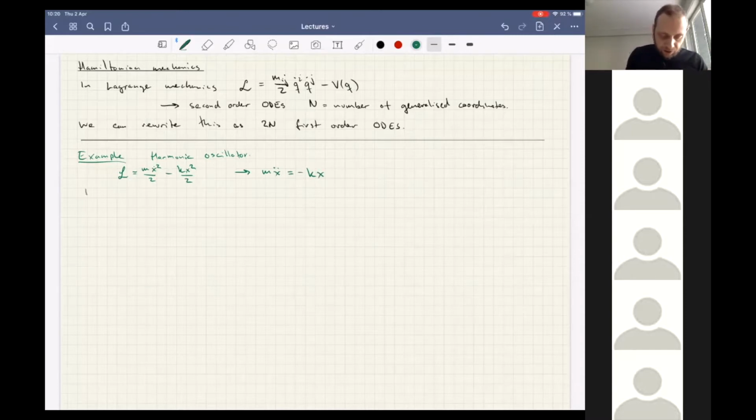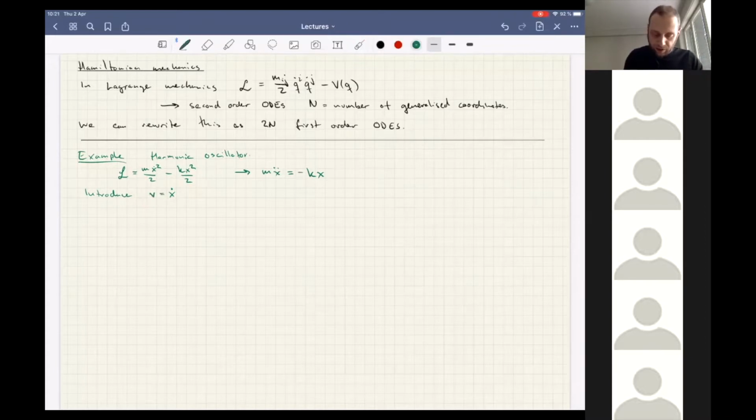Now, if I introduce an auxiliary variable, which I can call v for velocity, as the time derivative of x, then I can use the definition of v as one of my first order differential equations, because here we have that the time derivative of x should be equal to v.